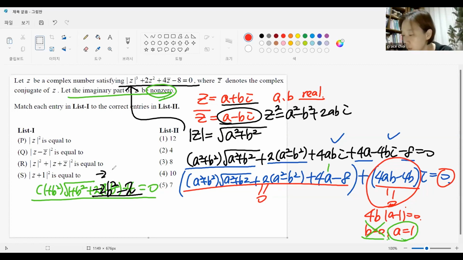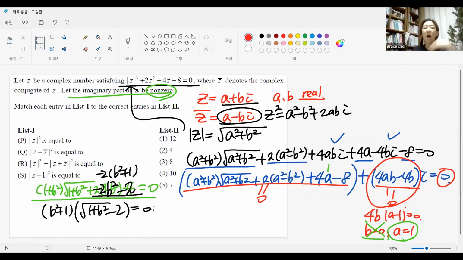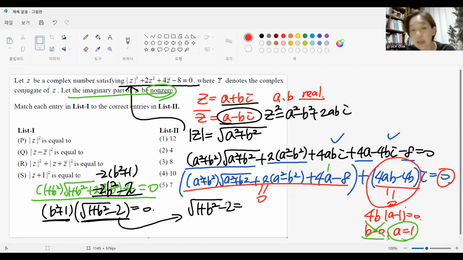So minus 2 times (b squared plus 1). We can continue factoring. So (b squared plus 1) first, then the square root of 1 plus b squared minus 2 equals 0. But now remember, b is a real number, so b squared plus 1 cannot be 0. Thus, the square root of 1 plus b squared minus 2 must be 0.